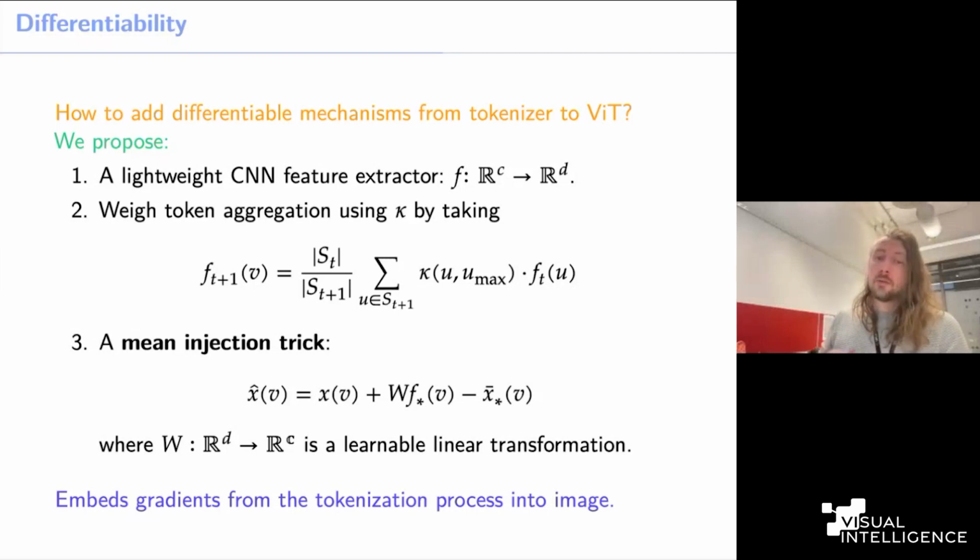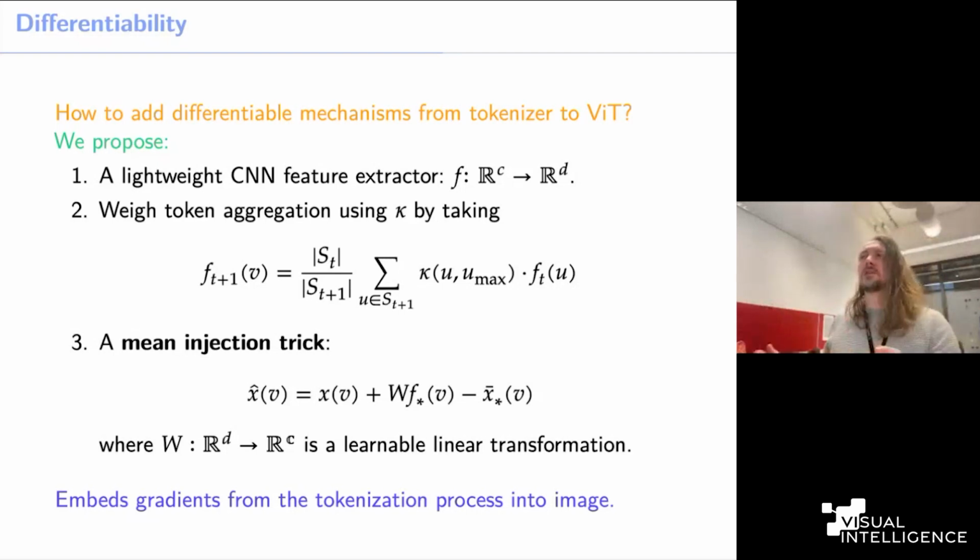Then at the end, once we have some sort of superpixel partition, we use this mean injection trick where we essentially take the original pixels of the image and subtract the mean of the superpixel that it belongs to, or the mean color of the region. The mean is then replaced with a prediction of the mean from the superpixel tokenization itself.